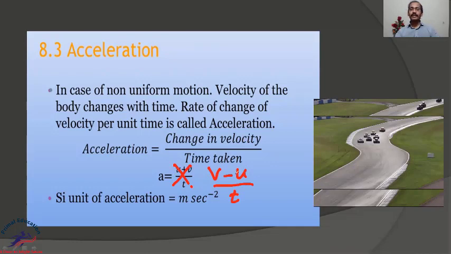Acceleration a is equal to v minus u by t. Now the units. Acceleration is velocity by time. Velocity units are meters per second, and time units are seconds. Meters per second per second is meters per second square, the unit of acceleration. Got the point?